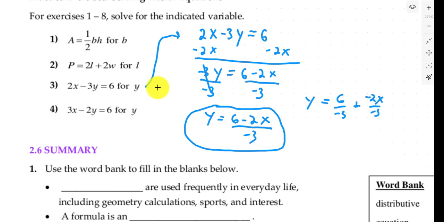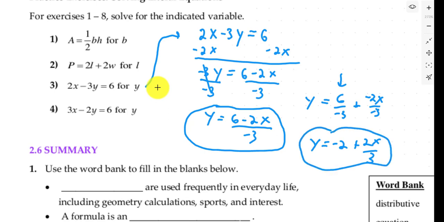And then we reduced this one, right? We said 6 divided by -3 is -2, and then we wrote plus 2x over 3, because a negative over a negative is a positive. So if you wrote that, that's fine. You know, most of you probably would just stop right here, right? And this would be your final answer, okay?